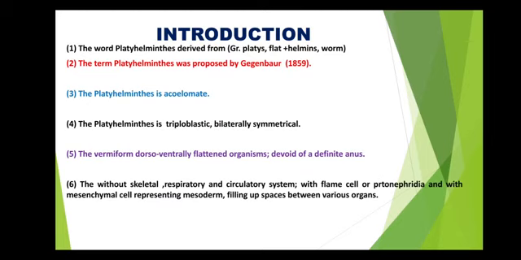Platyhelminthes are free-living and symbiotrophic flatworms. They may be defined as acoelomate, triploblastic, bilaterally symmetrical, vermiform, dorso-ventrally flattened organisms, devoid of a definite anus, without a skeletal system, respiratory system, and circulatory system, with flame cells or protonephridia, and with mesenchymal cells filling the spaces between various organs.